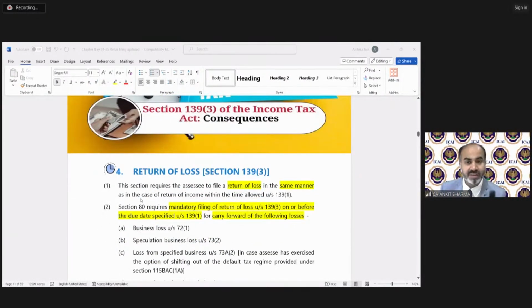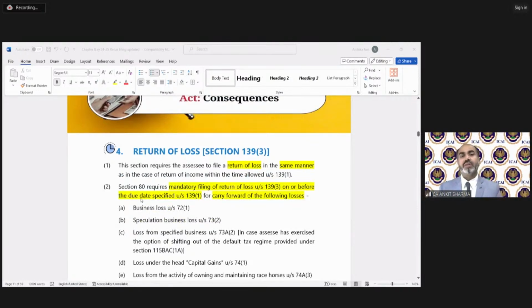Section 139(3) requires the assessee to file a return of loss in the same manner as in the case of return of income, within the time allowed in section 139. But now there is a very interesting thing. If you have a loss under the business head, no other income, you only have a loss of rupees 3 lakh in your business head.